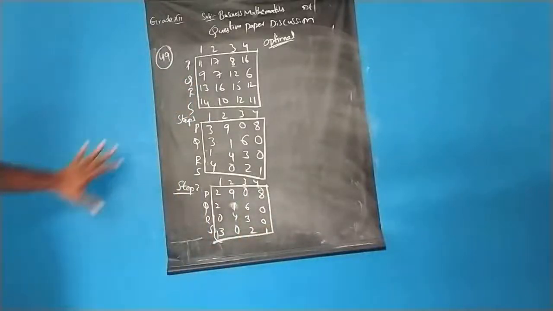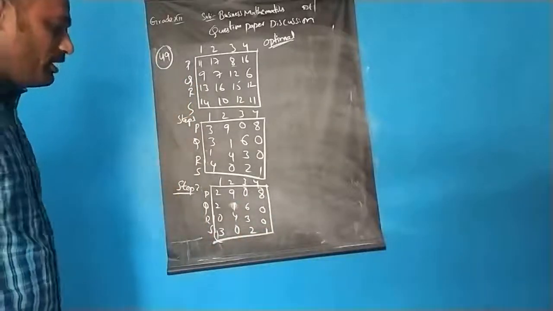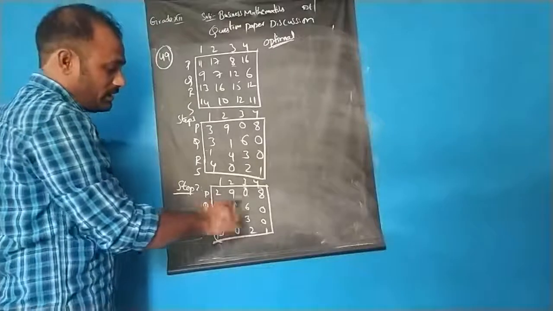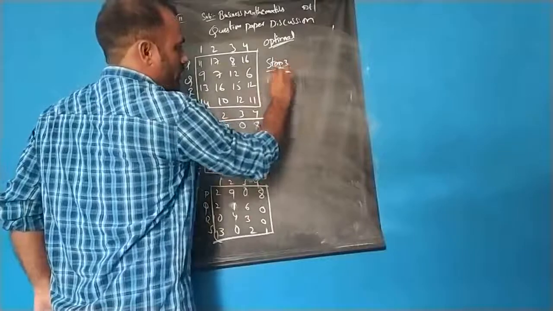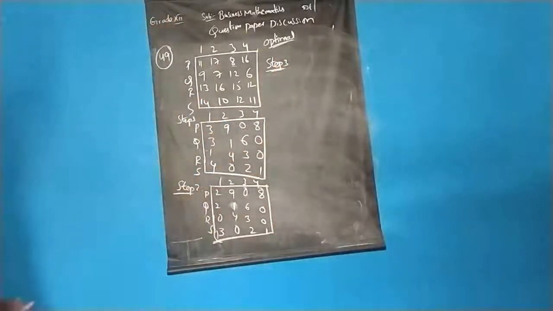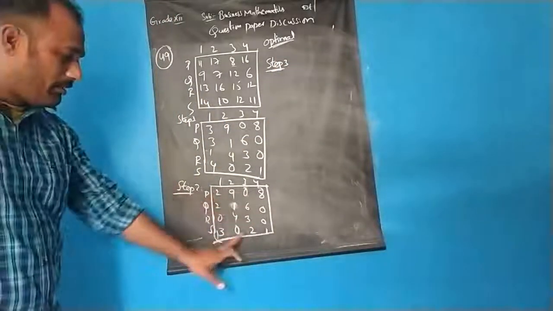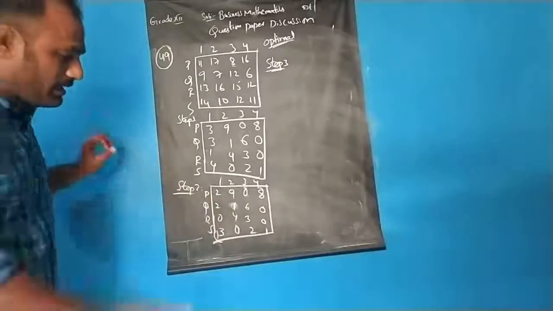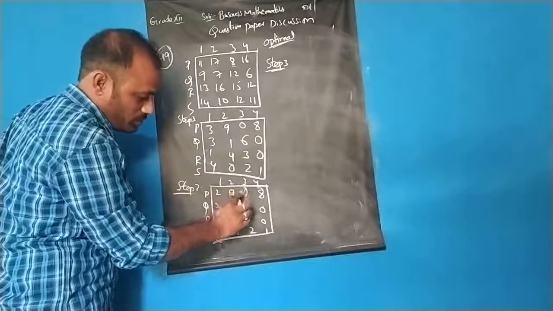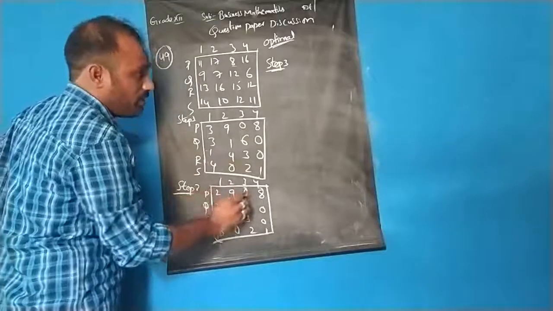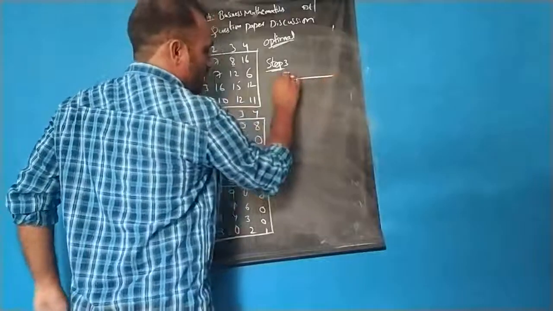After performing the row and column operations, now we will decide in step 3. In step 3, we check that in each row there should be at least one zero, and we look for a row with only one zero. In this row we observe there is only one zero, so we will keep it in a box.